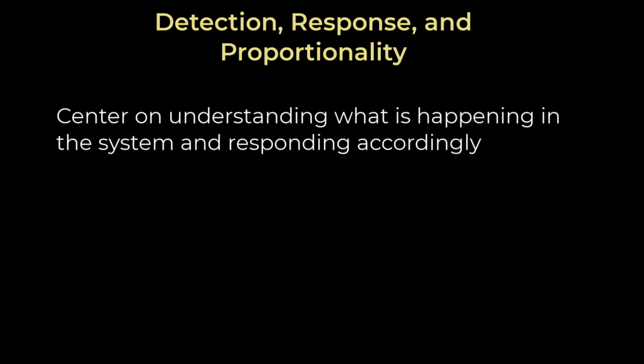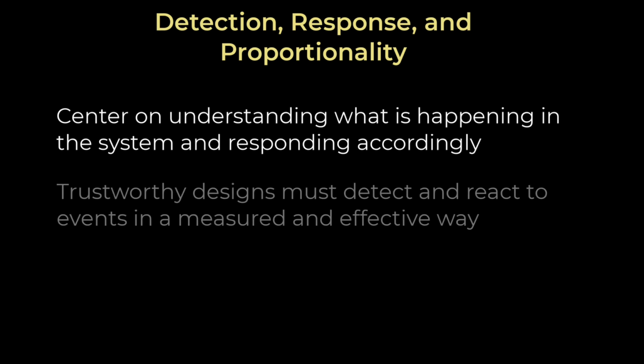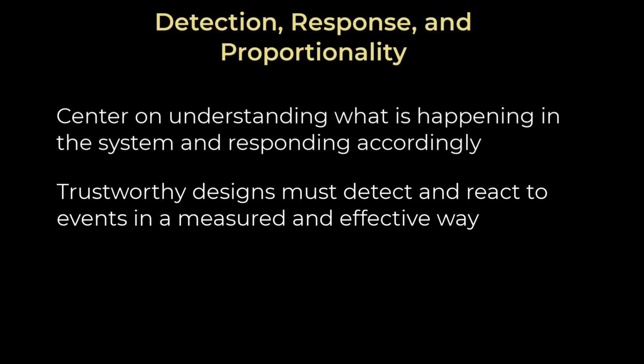Our final set of principles, detection and response and proportionality, centers on understanding what's happening in the system and responding accordingly. Even with all precautions, attacks or anomalies will occur. A trustworthy and secure design must be able to detect these events and react in a measured and effective way.